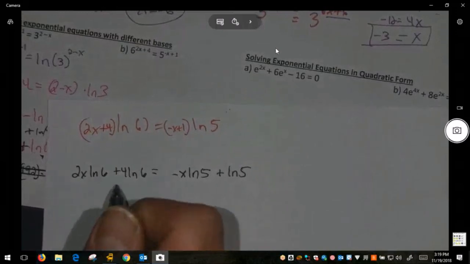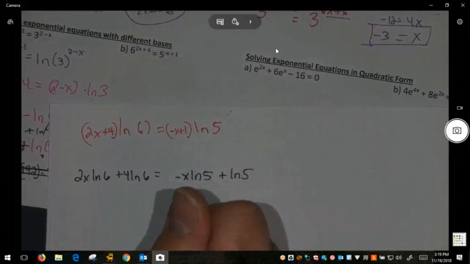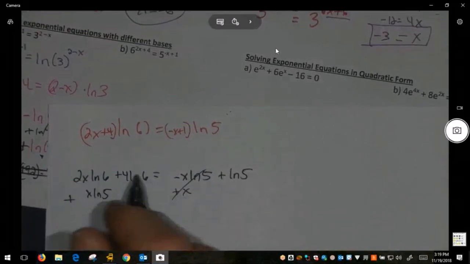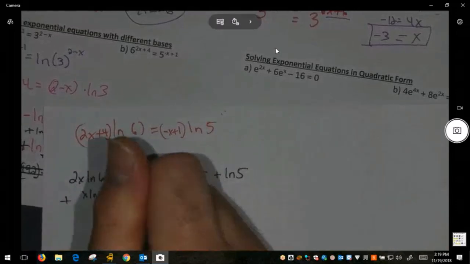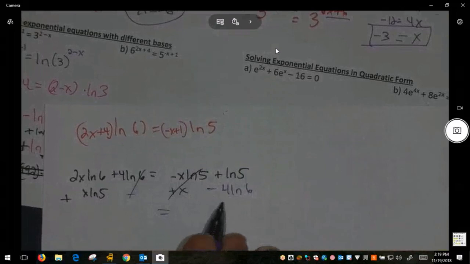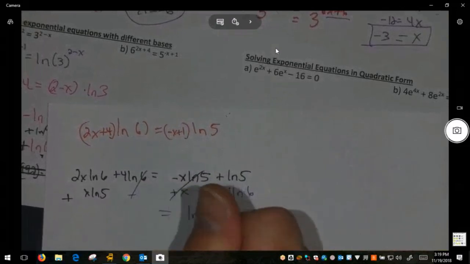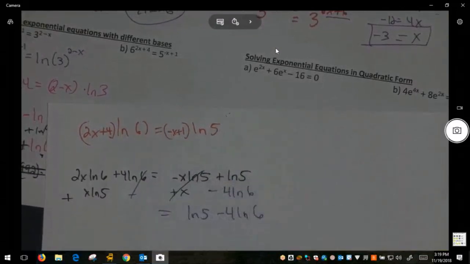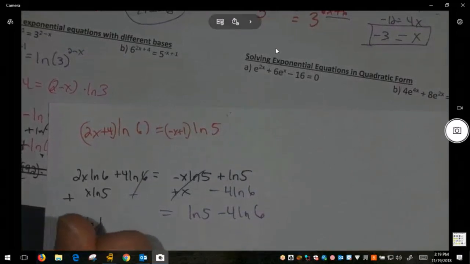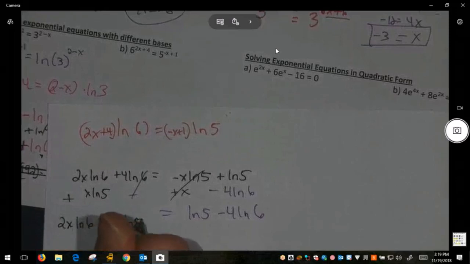All right, now I need to get the x's to one side, so I'm going to add x natural log of 5, and I'm going to move this one by subtracting it away, minus 4 natural log of 6. So on the right-hand side, I have natural log of 5 minus 4 natural log of 6. On the left-hand side, I have 2x natural log of 6 plus x natural log of 5.